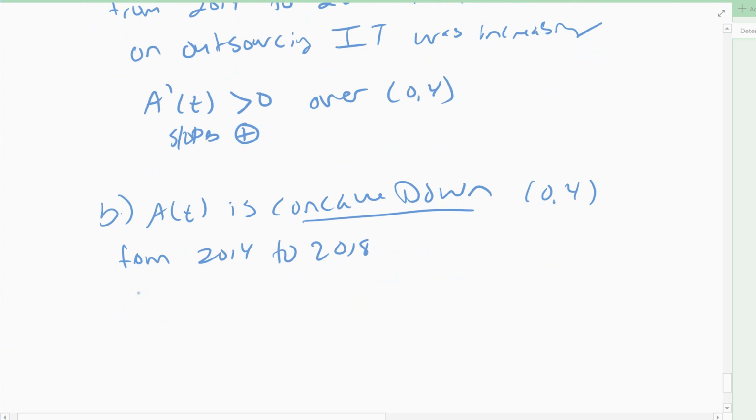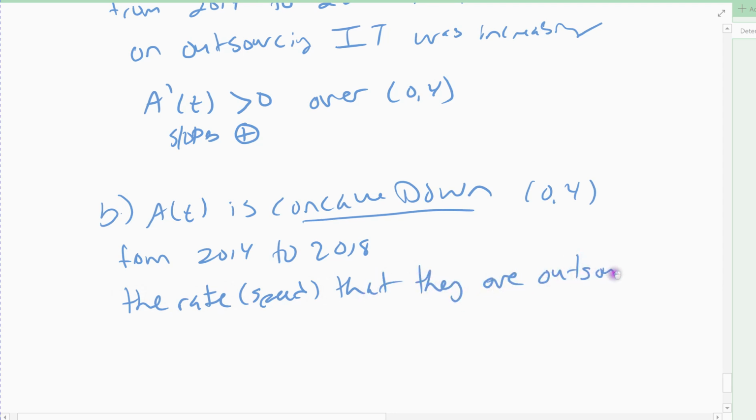And so the financial institute, the speed that they are outsourcing IT, is decreasing. Right? They're spending at slower and slower rates.